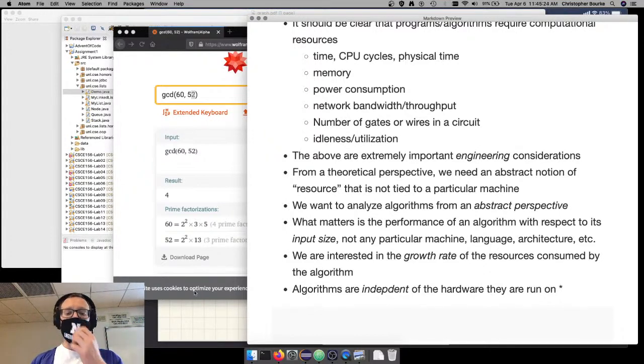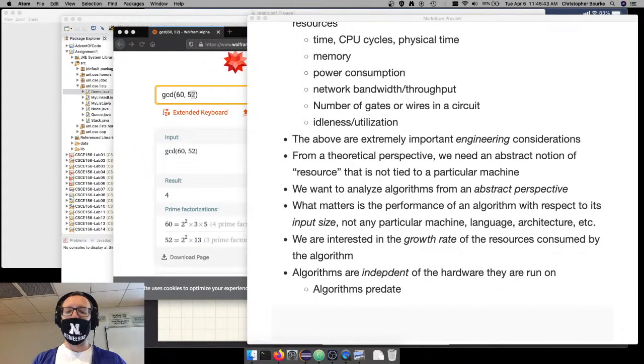We don't want our performance to depend on the hardware that we're running it on. That hardware could be an actual modern computer, or it could be a piece of paper from 2,300 years ago. The algorithms predate the modern computer by thousands of years.